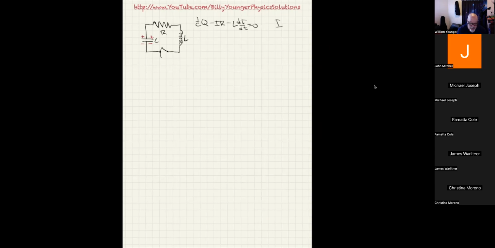And using I, which again is going to be negative dq dt, I'll cut to the chase and say you end up getting d2q over dt squared plus R over L dq dt plus 1/LC times Q is equal to 0. By the way, if you don't have one of those parts, like if you don't have an inductor, you can just leave it off, or you can let L equal 0 and stuff like that.